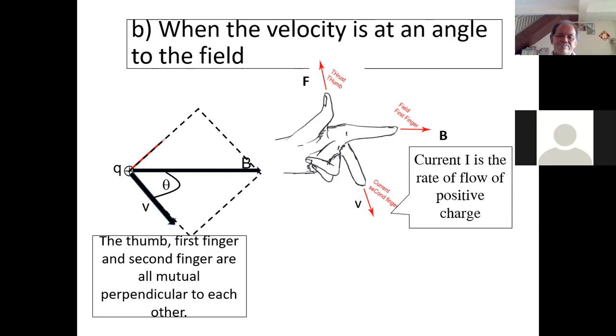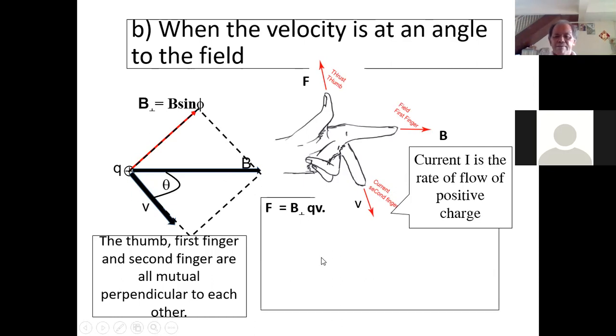Magnitude-wise, we can either use the component perpendicular to velocity, or the component of velocity perpendicular to the field. The same thing, same answer.